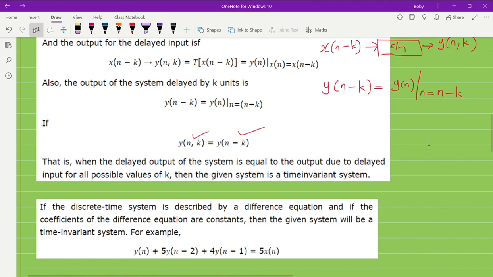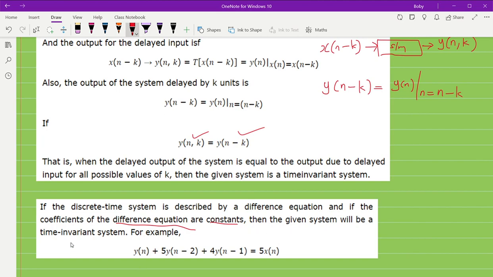In the case of a discrete time system, we know that it is represented by difference equations. If the coefficients of the difference equation are constants, then the system is time invariant.